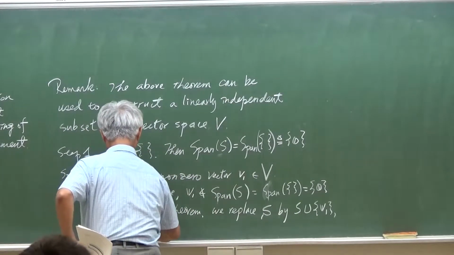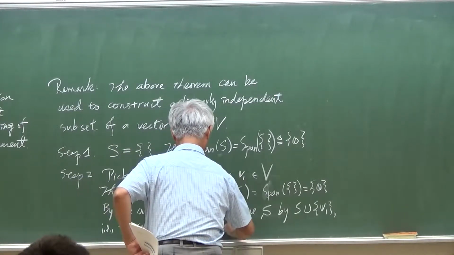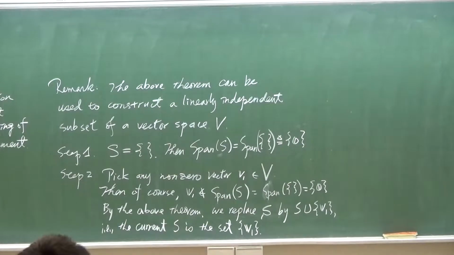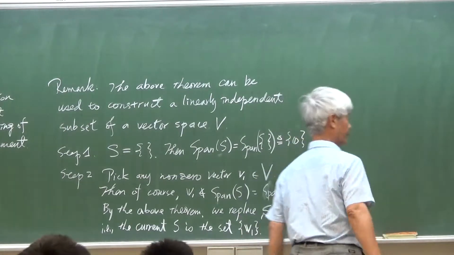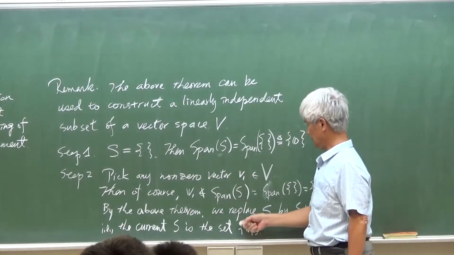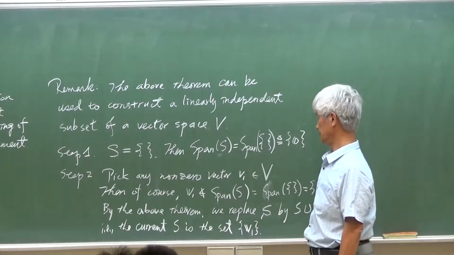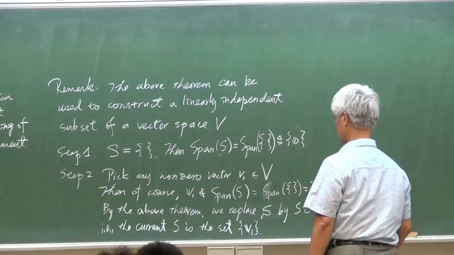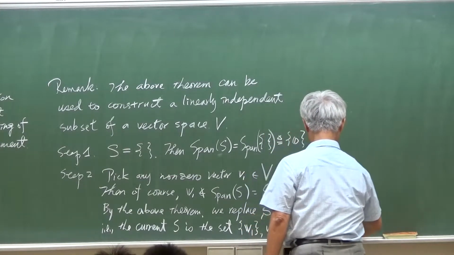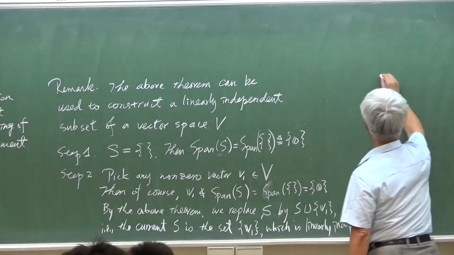So we have v1 here. Now the set is not empty anymore, because the set S consists of one non-zero vector, and it is linearly independent. Okay? Step 3.